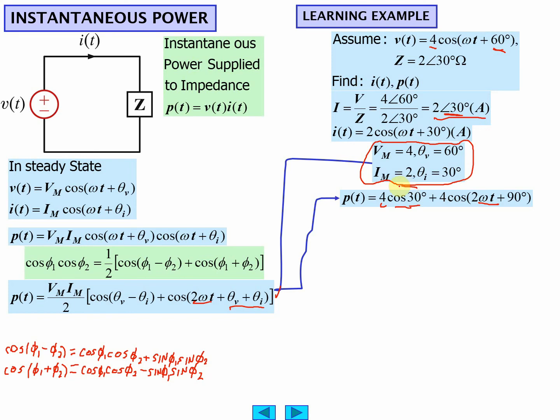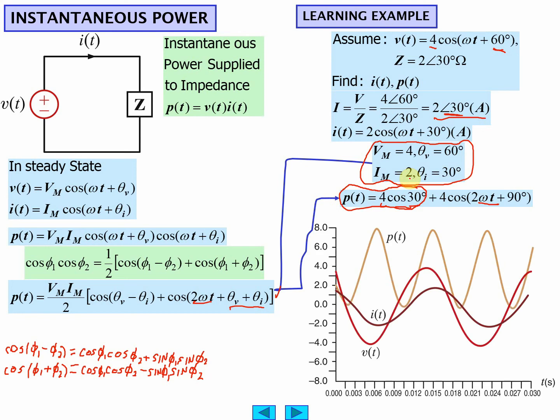We have a constant term, and then we have a time varying term. Let's take a look at this. So here's a plot of voltage, a plot of current, and then a plot of the power. The power varies at twice the frequency of the current or the voltage.